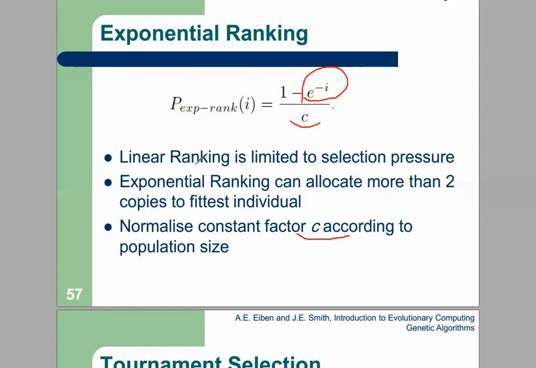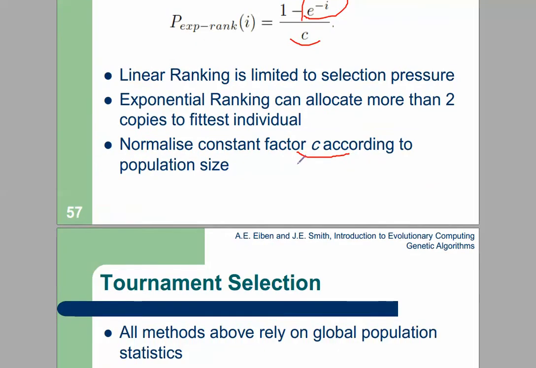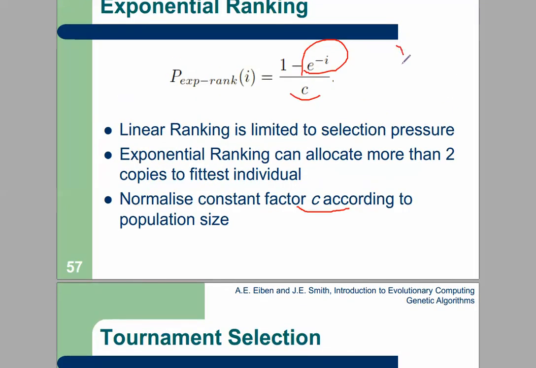In these ranking methods, as in the previous one, you rank each individual from 1 to the last individual, mu, and you select the best value in rank 1 and the worst value in rank mu. Mu is the population size.